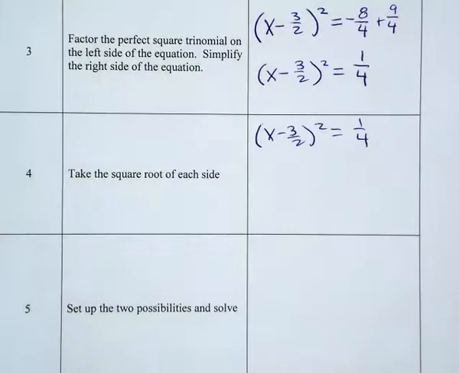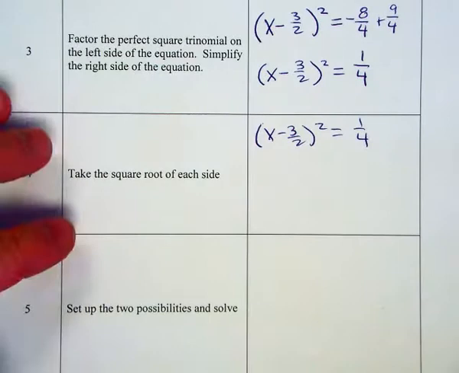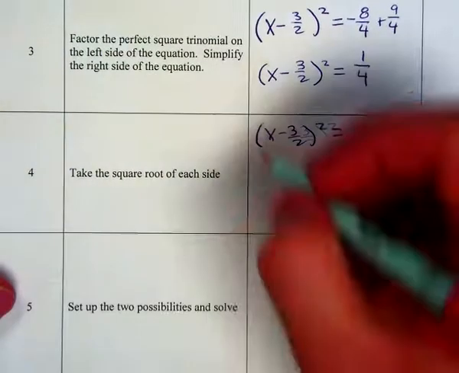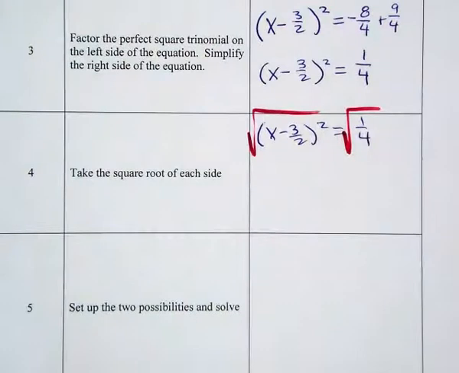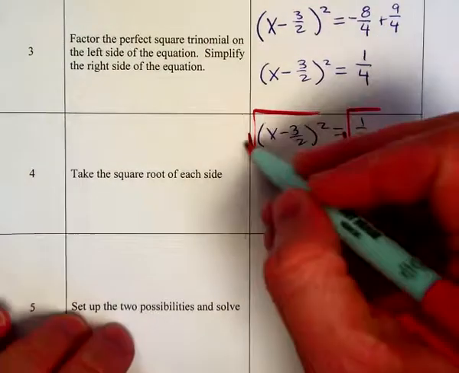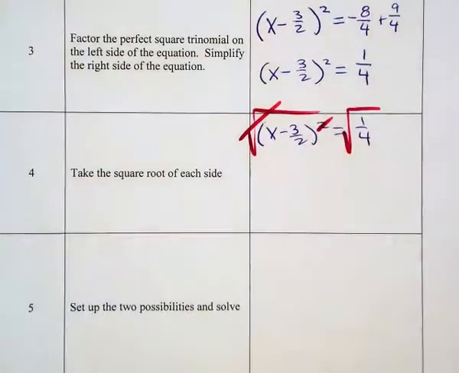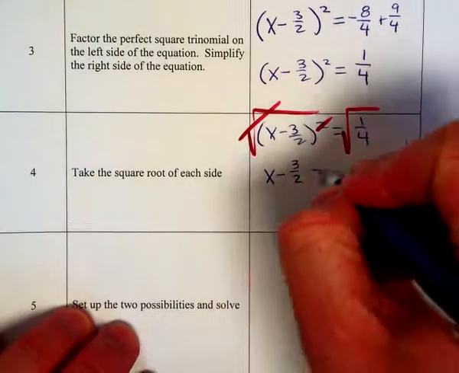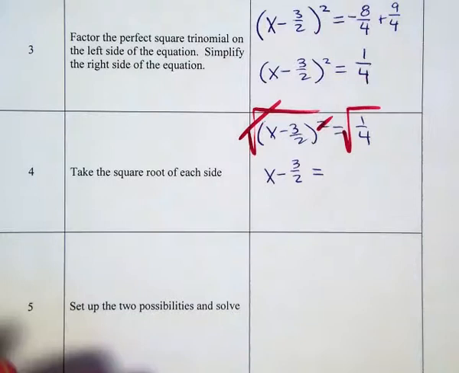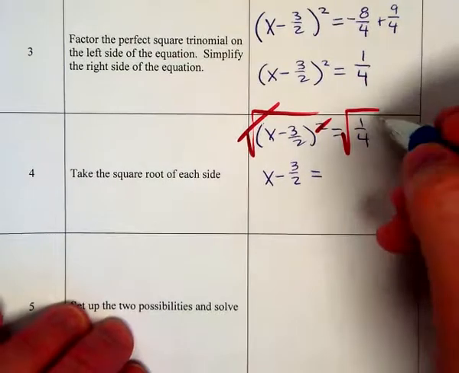And here's the great part about this. In setting up completing the square, when it says take the square root of each side, all the numbers that I'm using have square roots. Square root cancels squared. So x minus 3 halves equals, what's the square root of 1? 1.